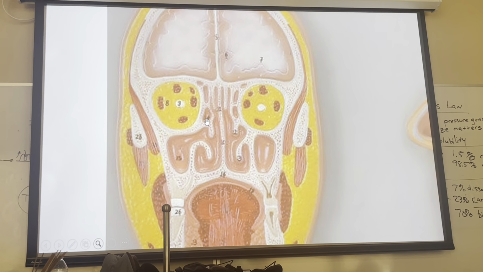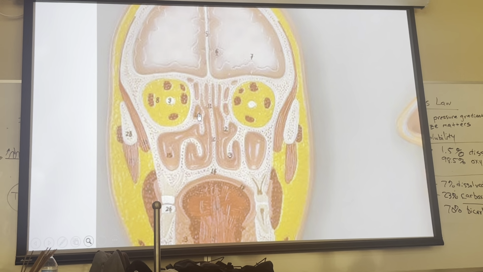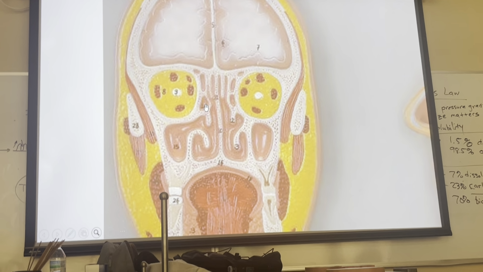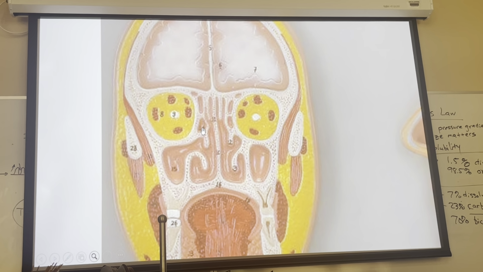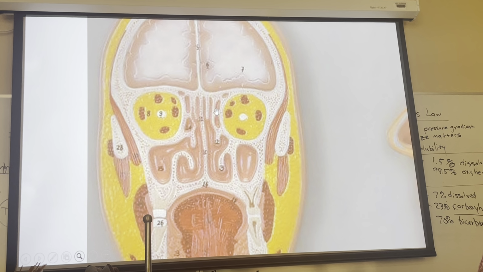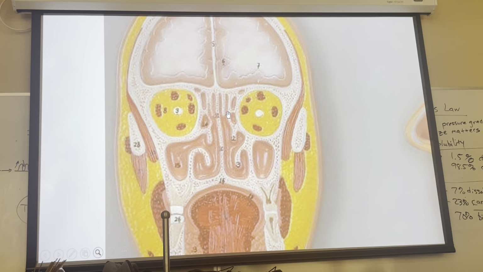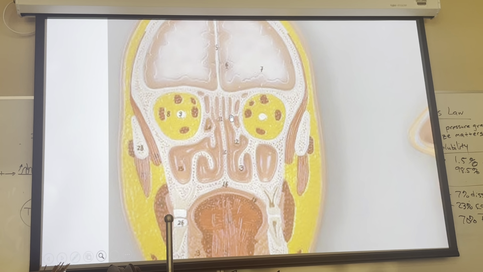If you look like this little tiny gap right there, you see it says like number 14, I believe. That's part of the ethmoid sinus. The ethmoid sinuses are in the ethmoid bone. So you got one right here, this little circular gap, and then you see the little gap over here on the left side of the model. Those would all be ethmoid sinuses.